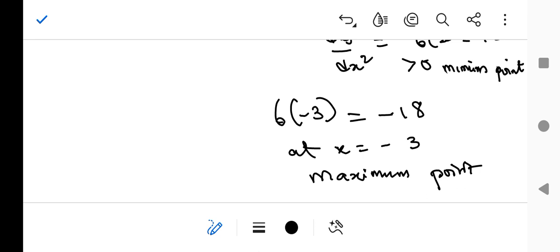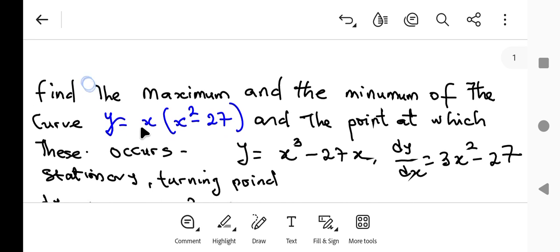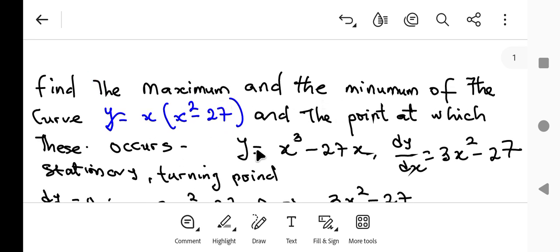So that is what we have over there. So you need to now evaluate the y, because the question is simple: find the maximum and minimum point, which you have gotten, and the point at which this occurs.